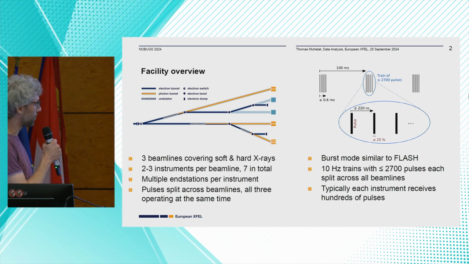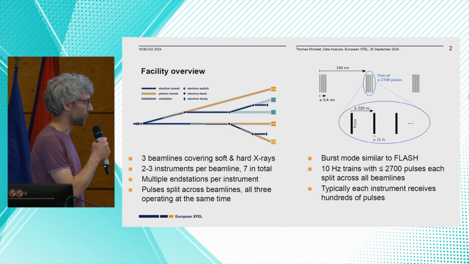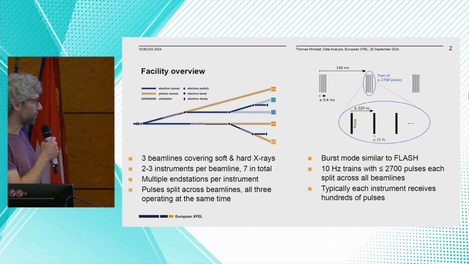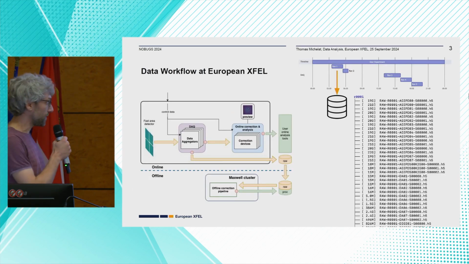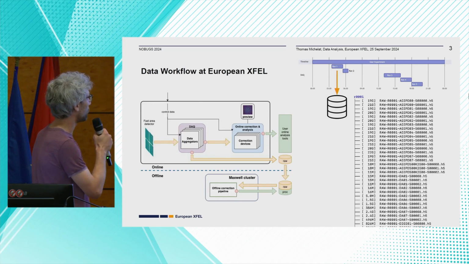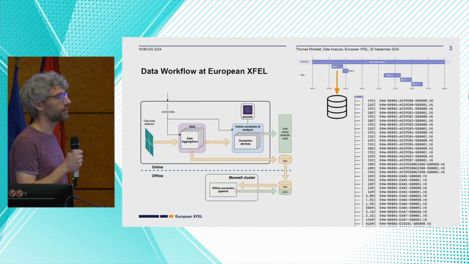And all those bunches are split across all of the beam lines, and typically each instrument would receive a few hundred FEL pulses at a 10 hertz rate.